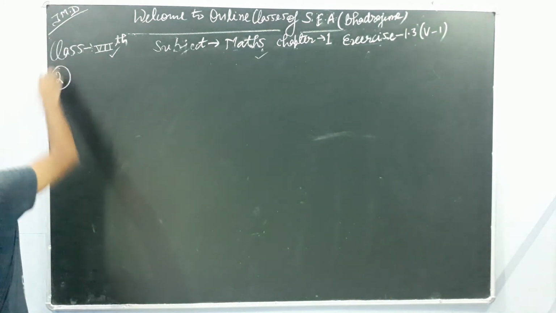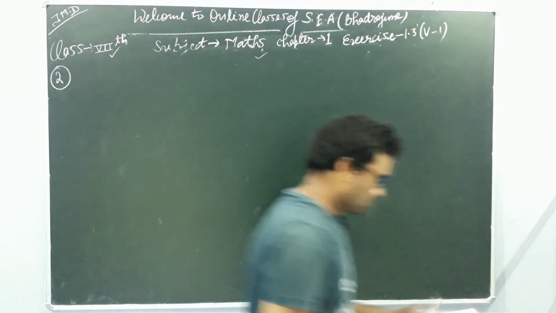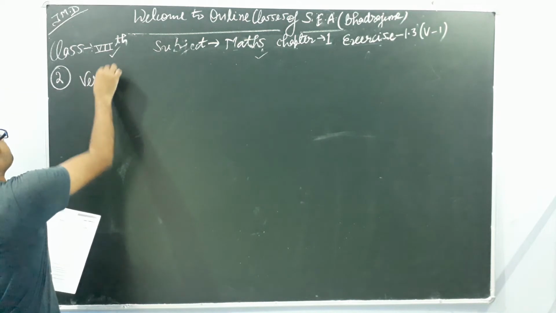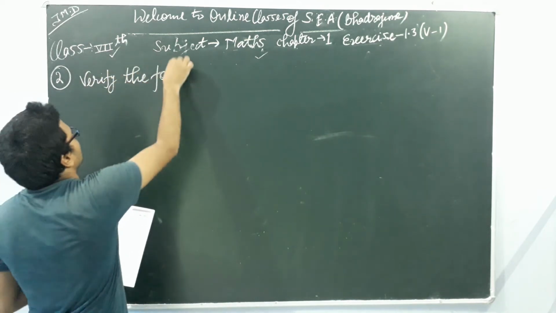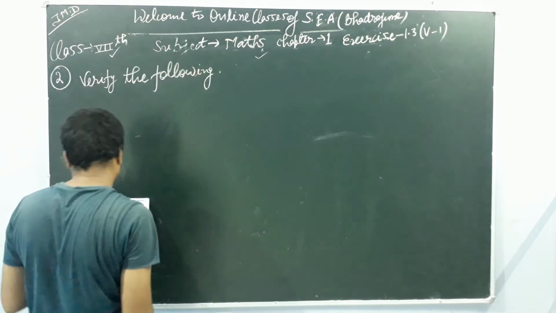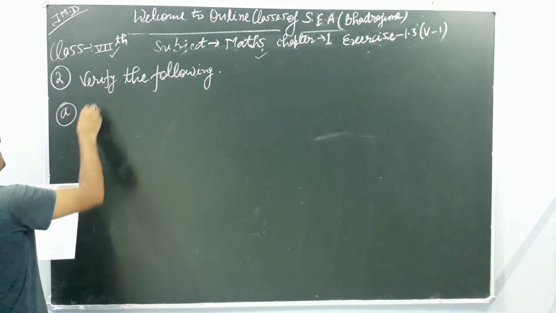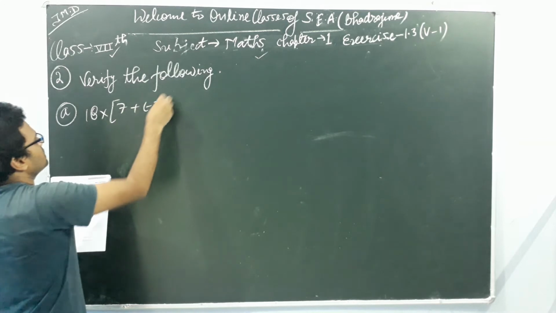Question number second is what? Verify the following. This is our part A, which is 18 multiplied with 7 plus minus 3.